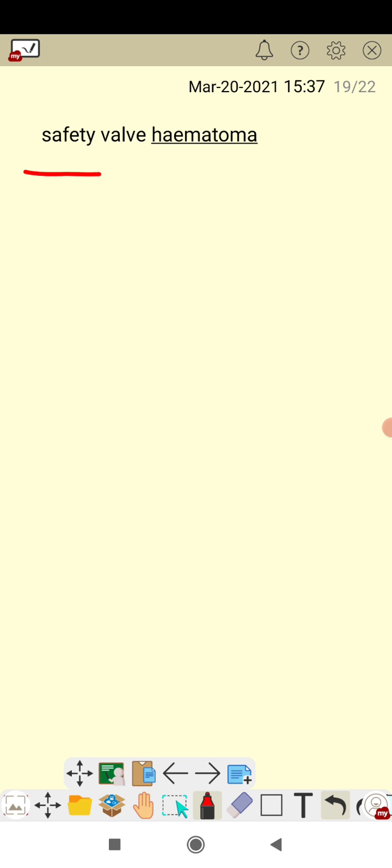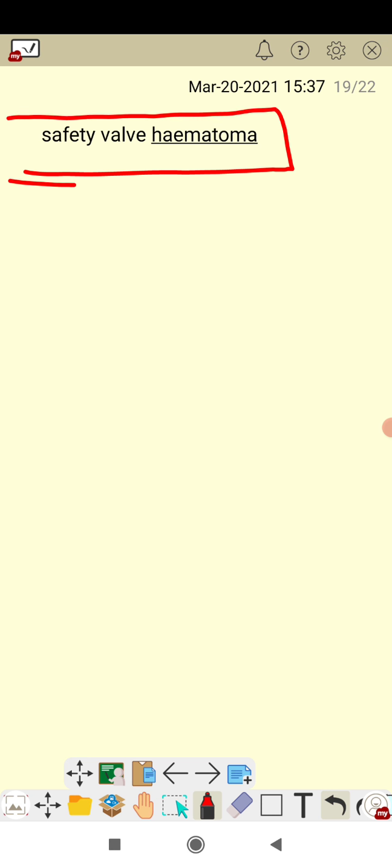Next clinical is safety valve hematoma. Sometimes fracture of the cranial vault in children is associated with tearing of the dura mater.